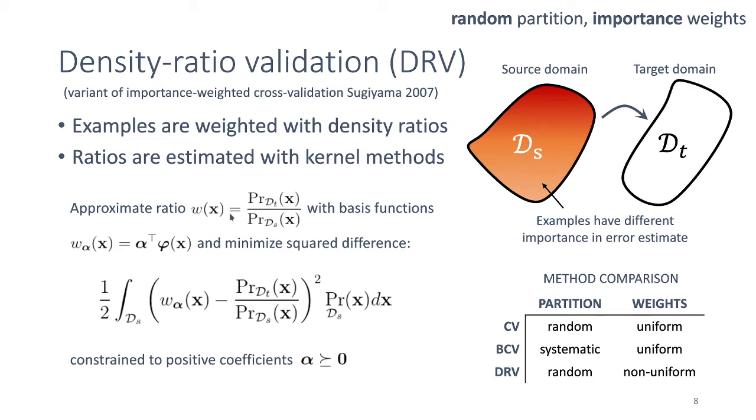These density ratios are approximated with basis functions. And via kernel methods, we can minimize the square difference to obtain an approximation. So in summary, we have three methods that will be compared in the following experiments.